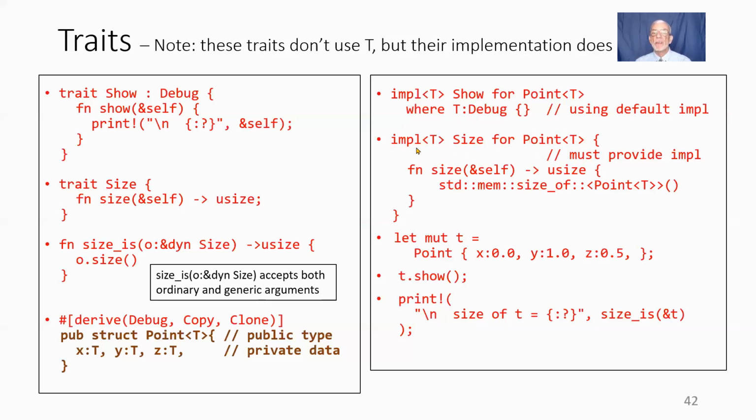It comes from this parameterization of the impl. Now I can say type mut point equals some values. I can say t.show, okay, because show is a method, and I can say print size of T, sizes of T, okay?